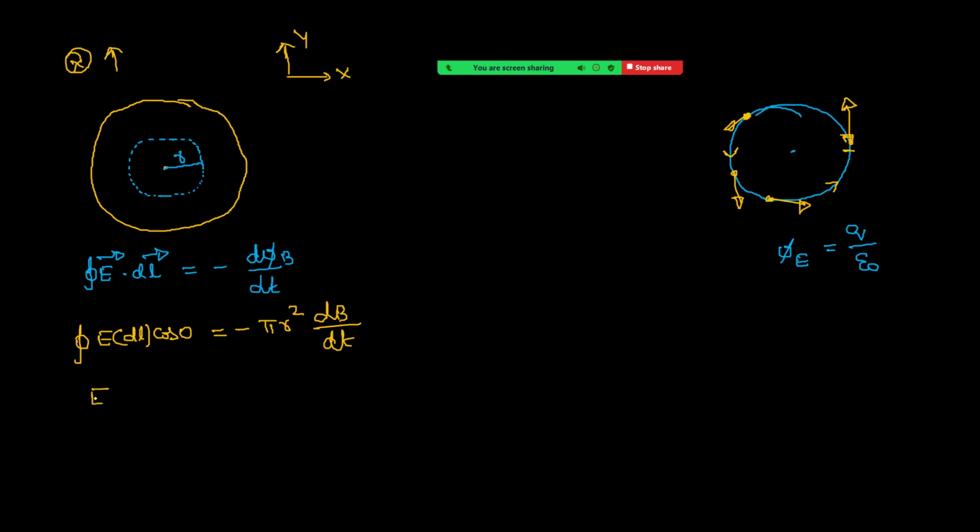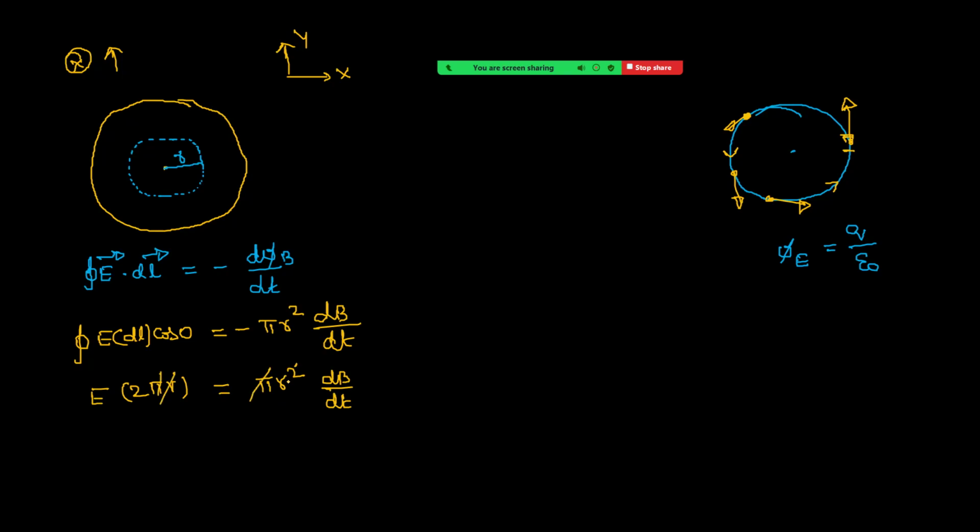So E into closed integral dl, that gives us 2 pi r. That is equal to, I am focusing only on the modulus value, that's why not taking the minus, pi r square into dB by dt. Okay. Right. Now see what we are going to get. Pi gets cancelled.